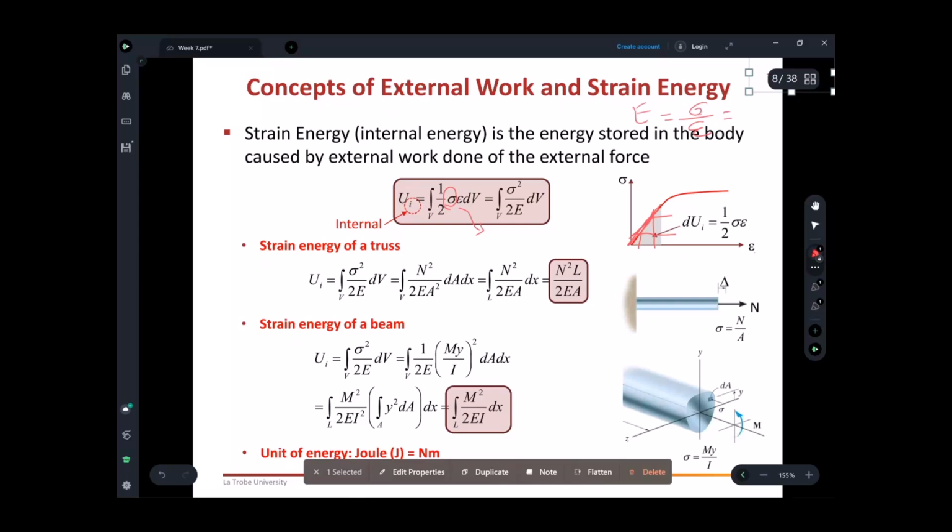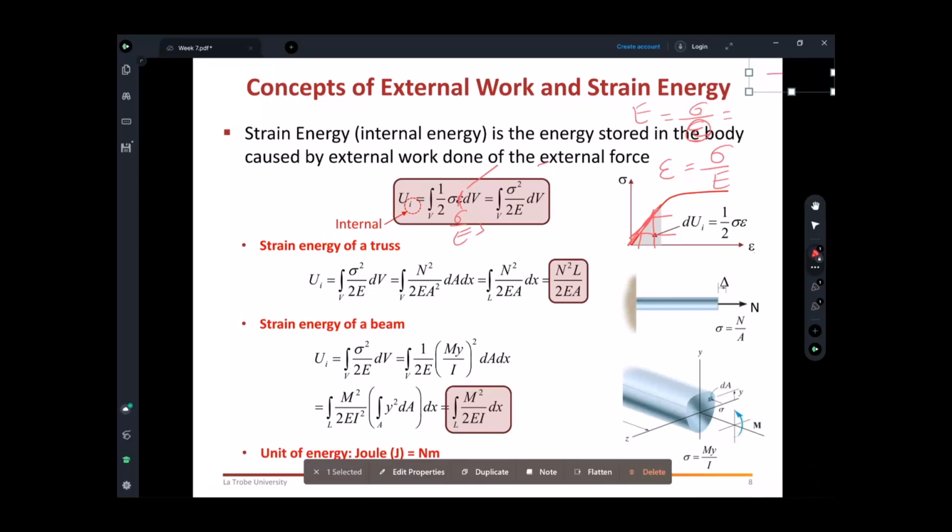If I want to make strain the subject, then strain is stress over Young modulus. So if I replace this strain by stress over Young modulus, you get 1/2 stress squared over 2EA. I'm just changing this to stress over E, right?